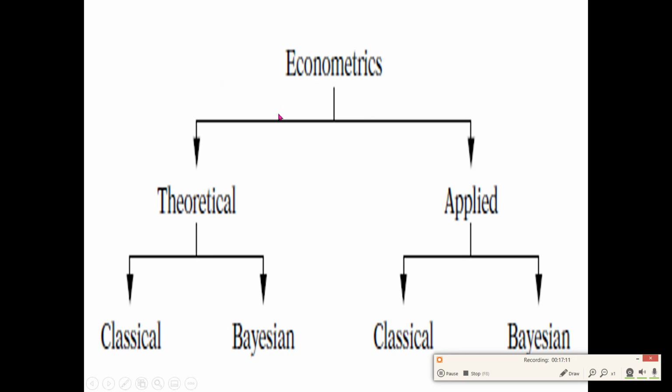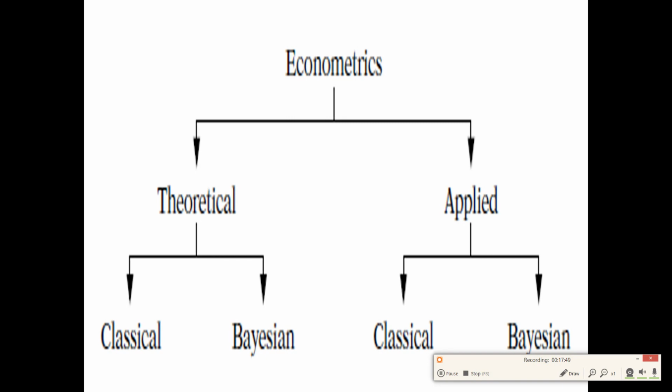Now coming to the branches of econometrics, which to some extent I have already told you, we have theoretical econometrics, which is a mathematical pursuit, and applied econometrics, which is more of an inquiry taken by social scientists. Both of these types of econometrics have a classical approach and a Bayesian approach, right? So what is the classical approach? It is the same approach that you have been studying in statistics so far.